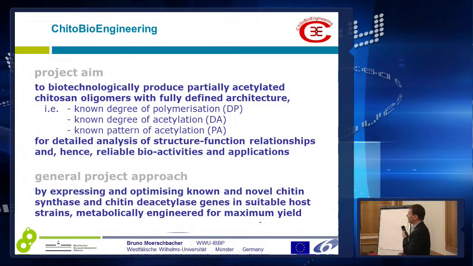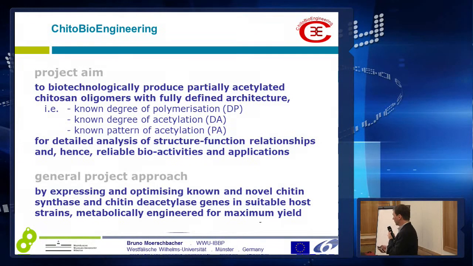So the aim of our ChitoBioEngineering project was to set up biotechnological production for these defined chitosan oligomers, which should be defined in terms of the degree of polymerization, the degree of acetylation, the pattern of acetylation. And these should then be used for different applications. And of course, the hope is that using these well-defined chitosans, we would have well-defined, reliable, reproducible bioactivities.